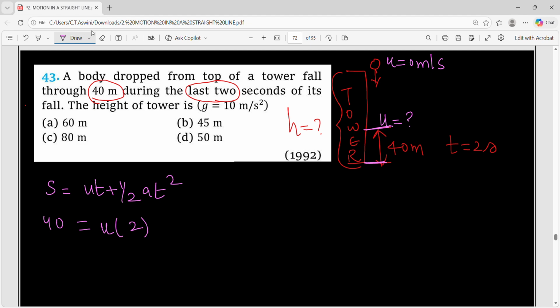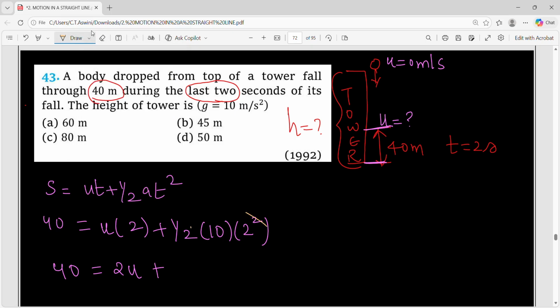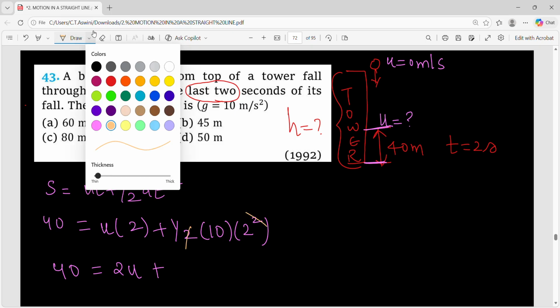So u into time, 2 seconds, plus half a, which is 10, into t square, that means 2 square. What about sign convention? S is negative, u is negative, a is negative, so it becomes the same formula again. So 40 equals 2 into u plus, the half and 10 ... 1, 2 and 1, 2 get cancelled.